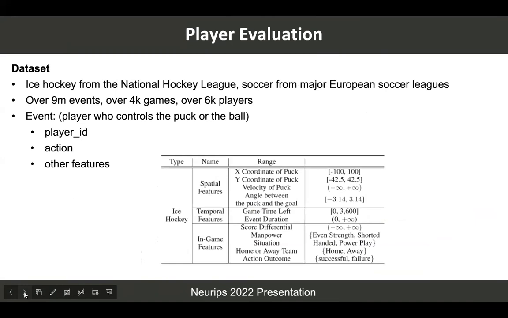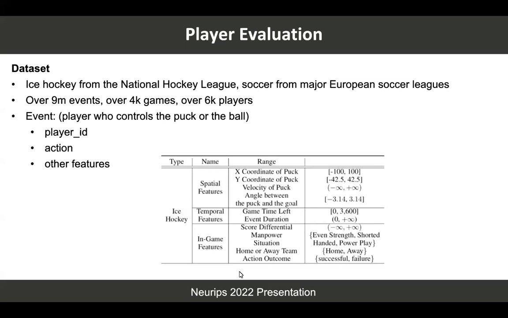First we give some overview of the data set. In our work we have done experiments for both ice hockey and soccer. It's a very large data set. It contains over 9 million events, over 4,000 games and over 6,000 players. A typical event contains the information of the player who controls the puck or the ball, so it indicates which player takes this action, and also some other features.